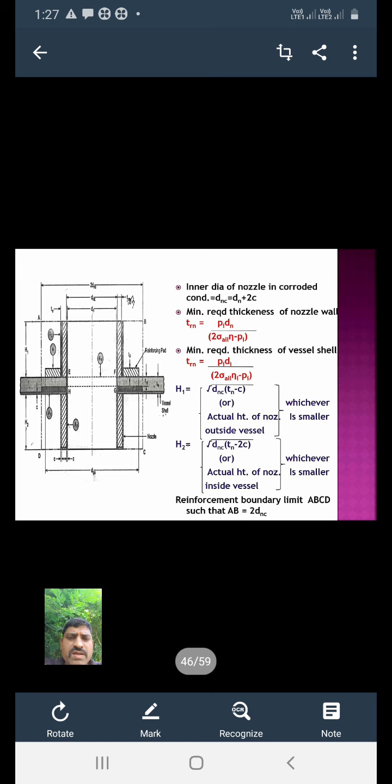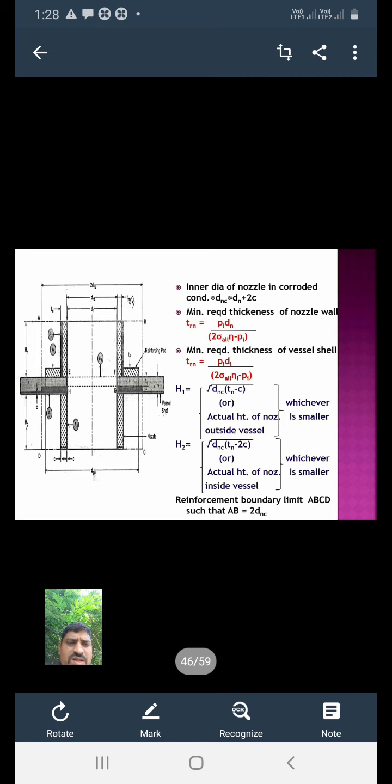Then next is the minimum required thickness of the vessel shell. It is denoted by TRS. We know that formula. Then how to calculate H1 and H2? H1 is calculated as the root of DNC into bracket Tn minus C, or we can take the actual height of the nozzle outside the vessel, whichever is smaller of those two formulas.